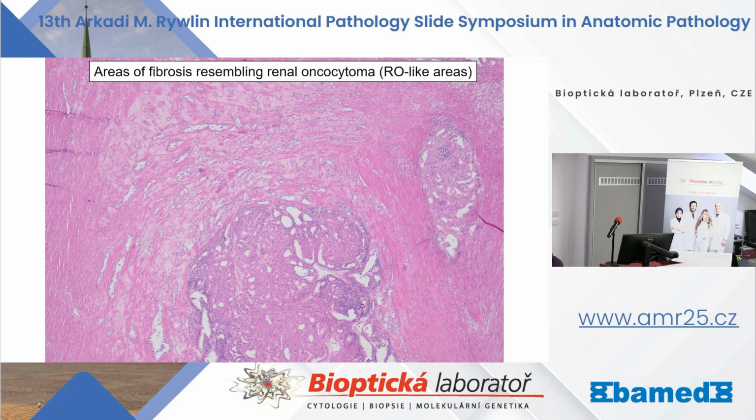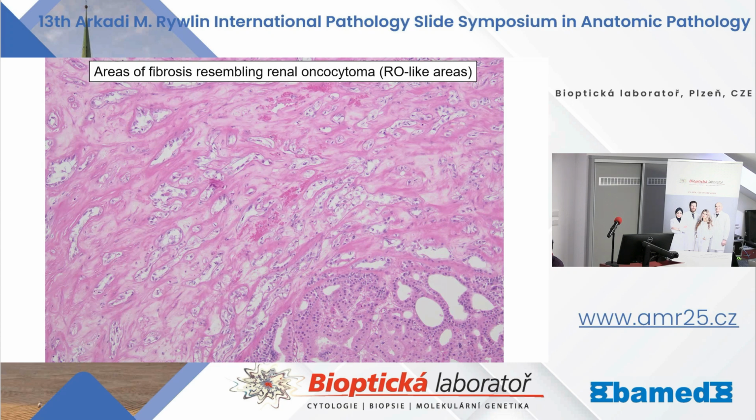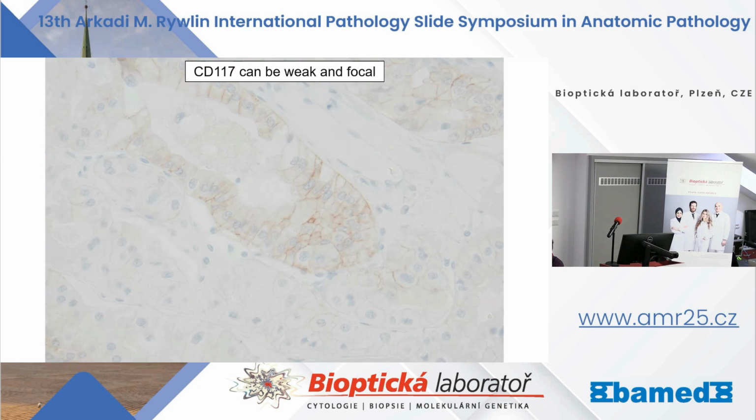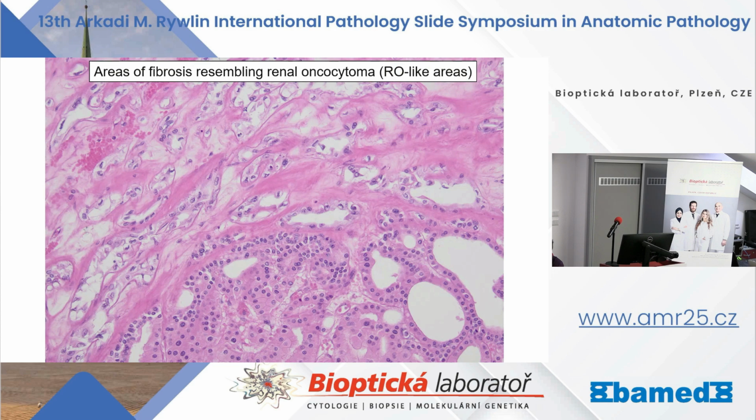You can see areas of fibrosis where the neoplastic cells are growing in tubular and nested structures on the fibrotic background, which can resemble renal oncocytoma-like areas. So we have, I think, everything we need for the diagnosis. We have the eosinophilic tumor, raisinoid characteristics, perinuclear clearing, and binucleation. So this is all absolutely clear, and we can make the diagnosis from hematoxylin and eosin slides.